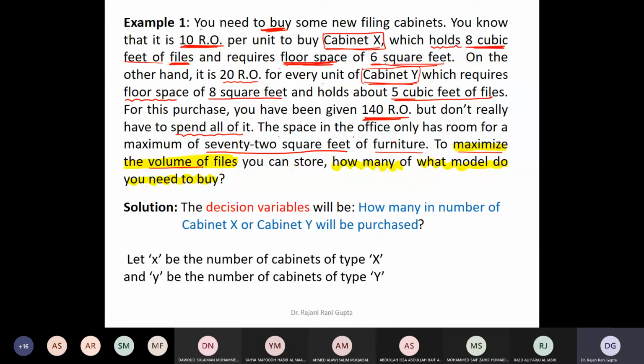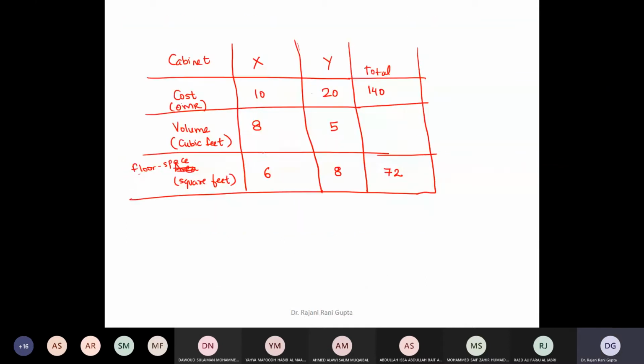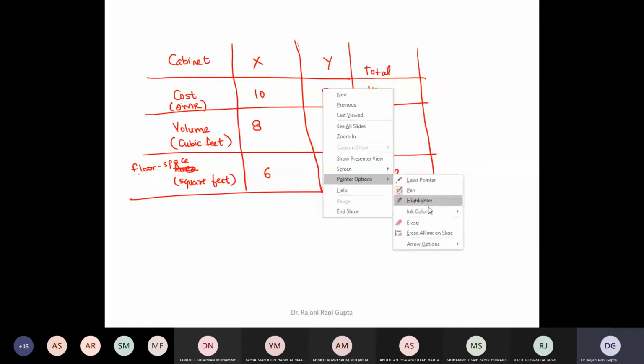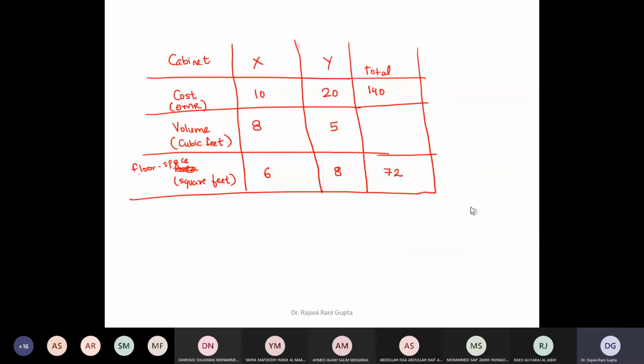Volume of files. You see there is no total here. So it is expected to maximize the volume of files. So the objective is to maximize the volume of files.